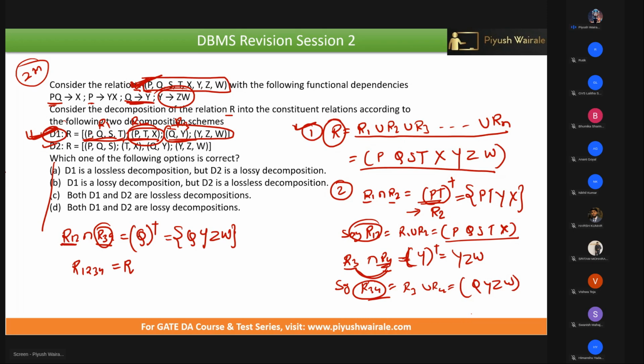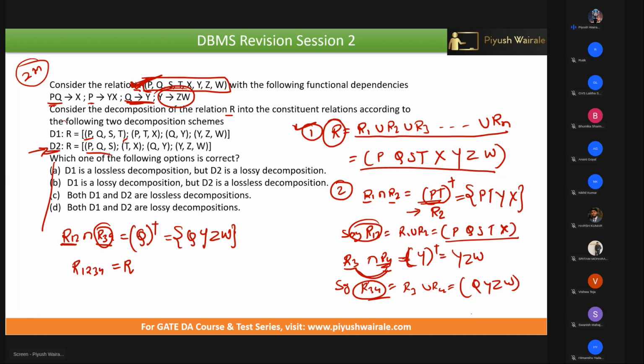Anyone, any doubt about what we have discussed? Okay. So try to solve more questions based on lossless decomposition here. So this is basically for D1. Okay. Now can you check for D2? Yes, anyone can try for D2.